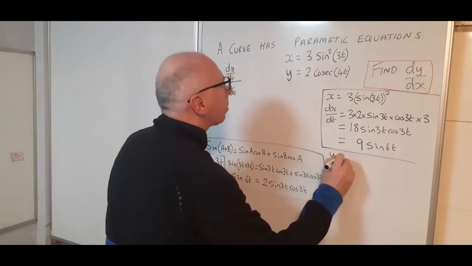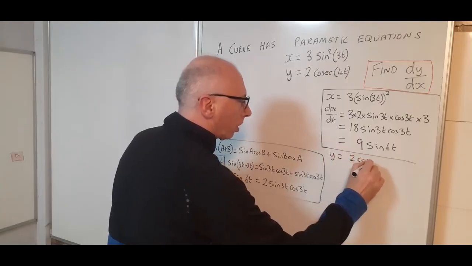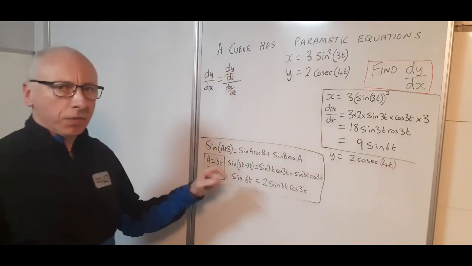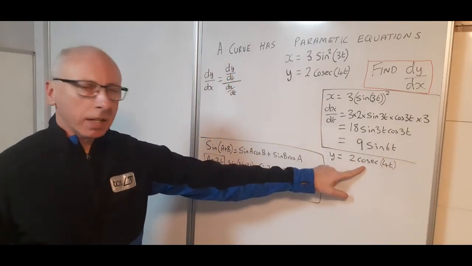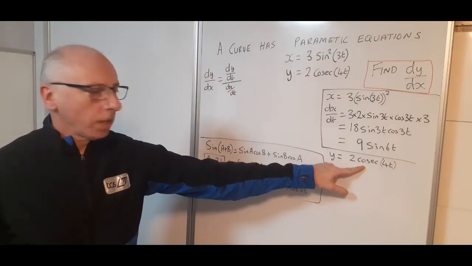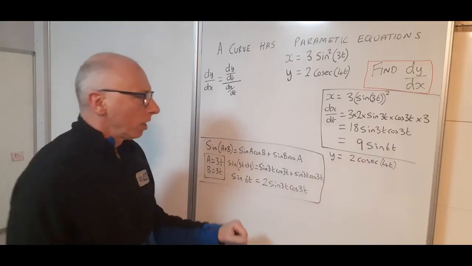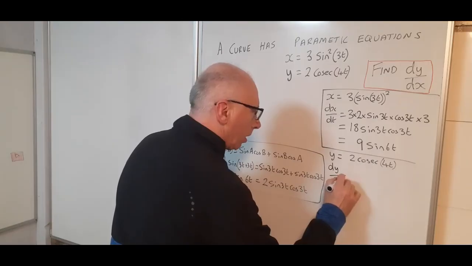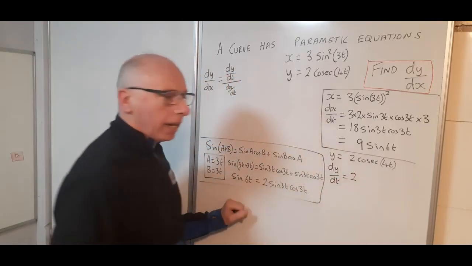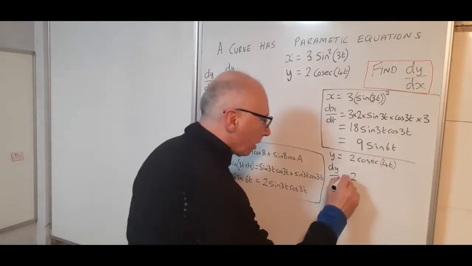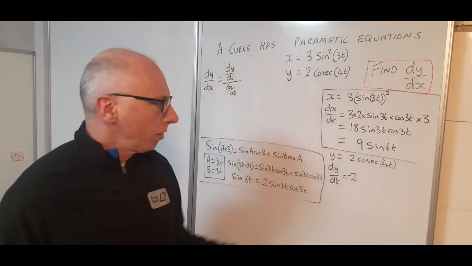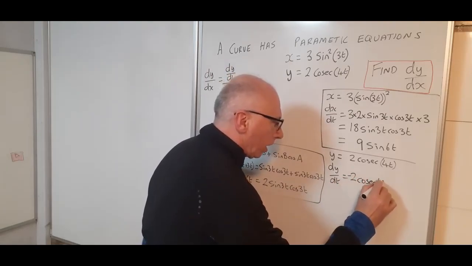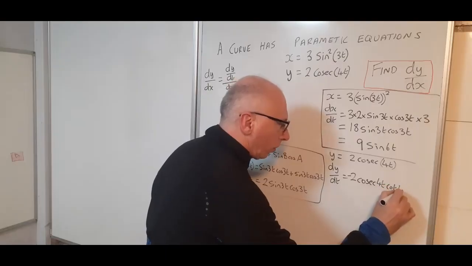Okay, so now dy/dt. y equals 2 cosec 4t. Now the derivative of cosec is negative cosec times cotangent. So dy/dt equals 2, and as it's negative, I'll just write negative here, then cosec 4t cotangent 4t.